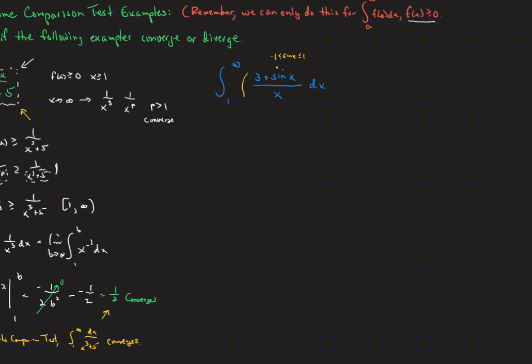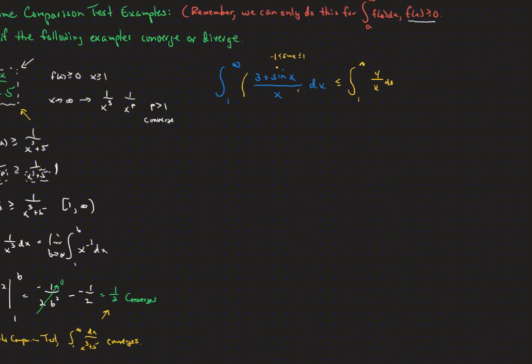So we know that this integral will be less than or equal to the integral from 1 to infinity of 3 plus 1, which is 4, over x. Well, that's going to be bigger than that, but I suspect this is going to act like 1 over x, and 1 over x is going to diverge because our p is equal to 1.